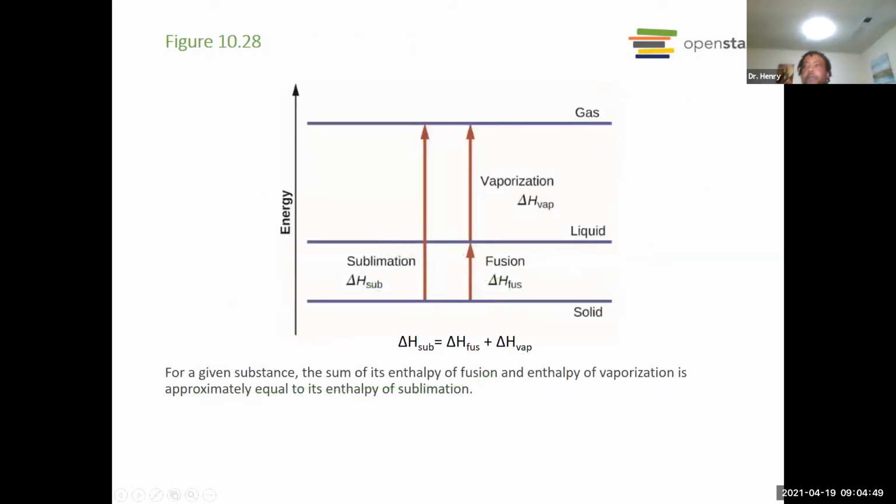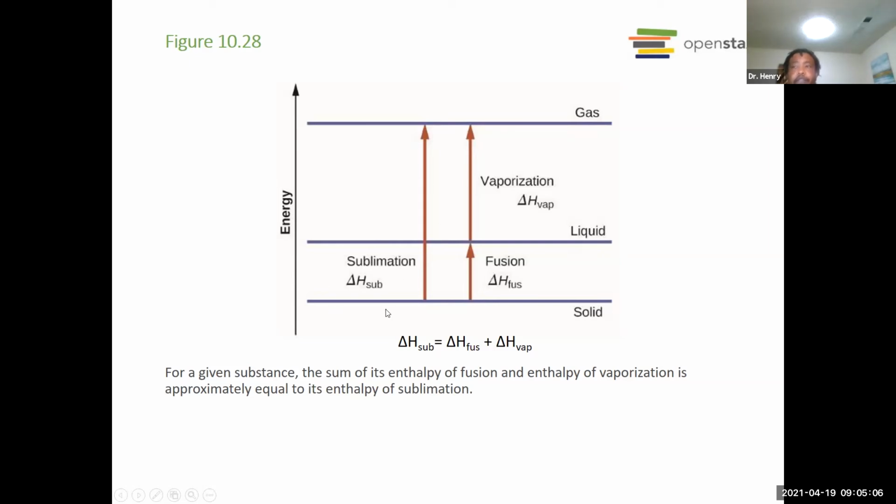Okay, a couple of things that I want to point out here. When we're talking about the heat of vaporization and the heat of fusion, fusion is, again, melting. If we go from a solid to a gas, that's called sublimation.